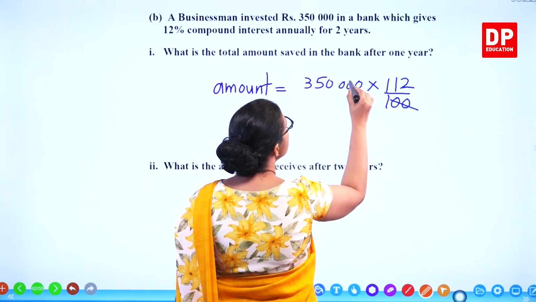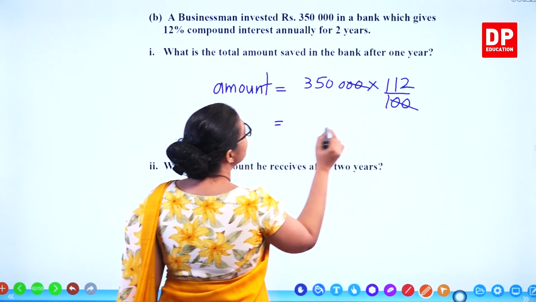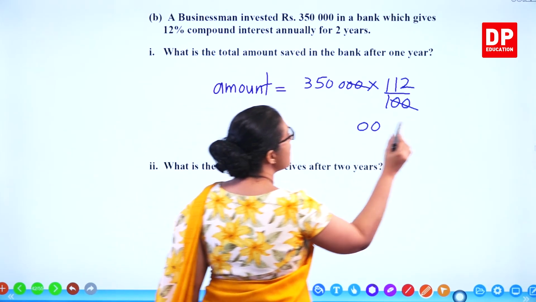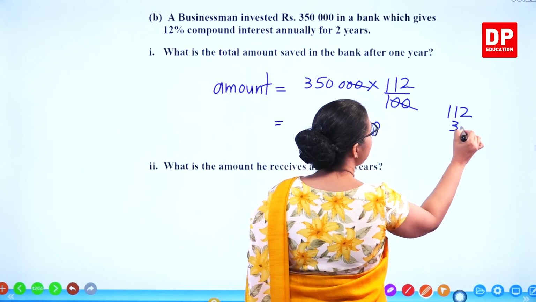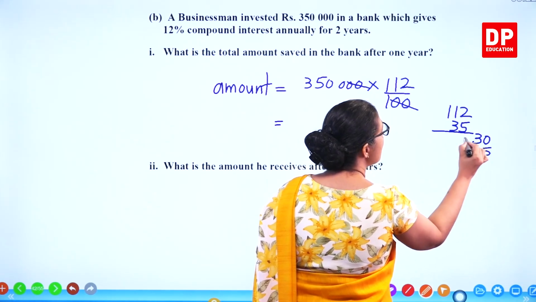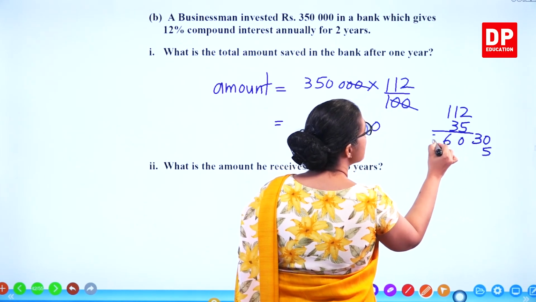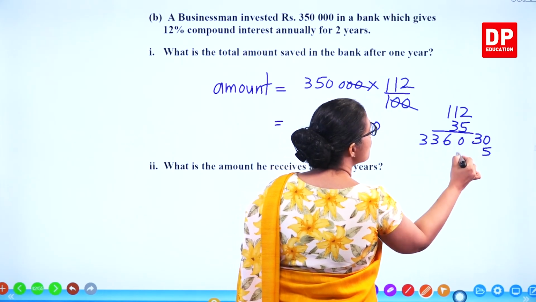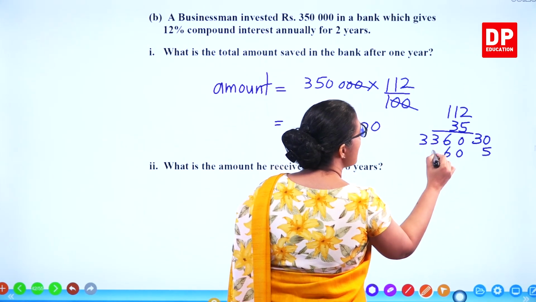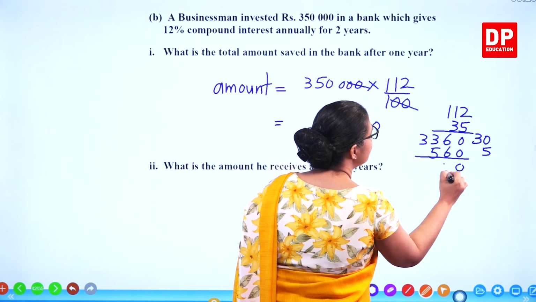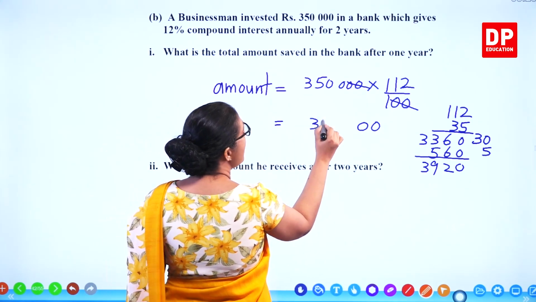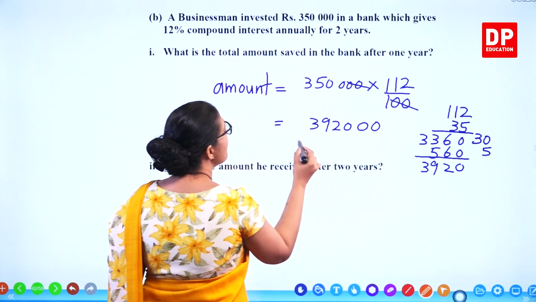So 2 zeros get cancelled out. And you get 2 zeros and 35 and 112. 112 times 35. 30 and 5. 3 times 2, 6. 3, 3. 5 times 2, 10. 5 times 1, 5 plus 1, 6. 5 times 1, 5. 3920.